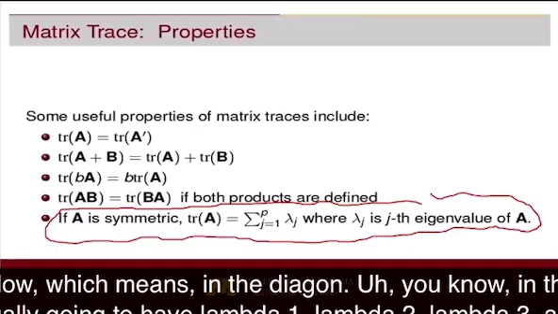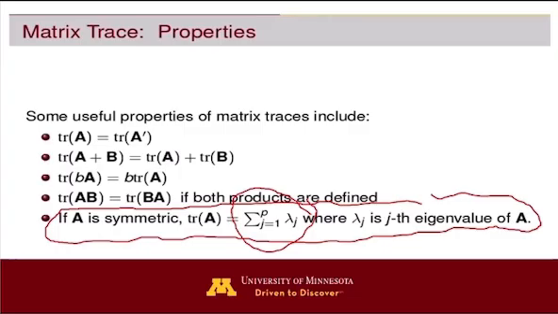Which means in the diagonal of the matrix, we're going to have lambda 1, lambda 2, lambda 3, and so on, and the trace of matrix A will be the summation of the lambda j, where each lambda represents an eigenvalue. We're still going to talk about all of that.